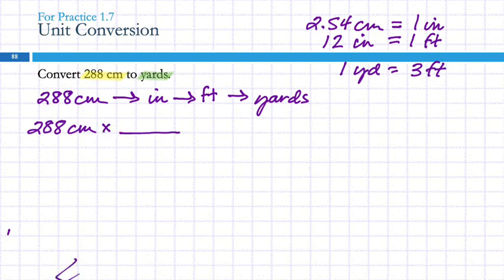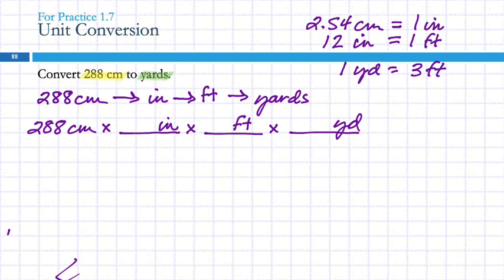Times and a line, times and a line, times and a third line. 3 arrows, 3 times lines. These are the units that go on the top of those things. I already have centimeters. Centimeters to inches. Next is feet, and next is yards. It's pretty straightforward, right?